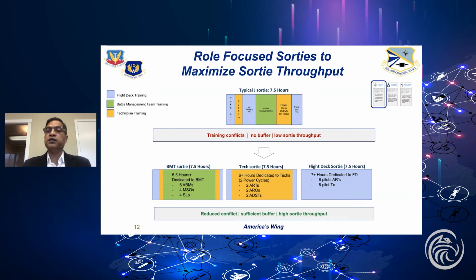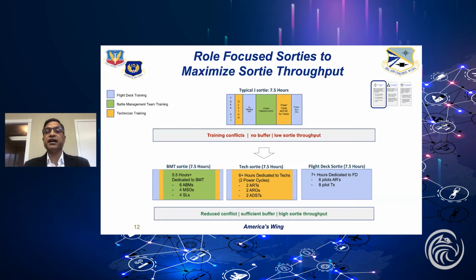So we moved from the traditional, broad sortie where everybody gets a little bit to what we call a role-focused sortie. Now you can see at the bottom, the same 7.5 hours is distributed into different types of sortie.